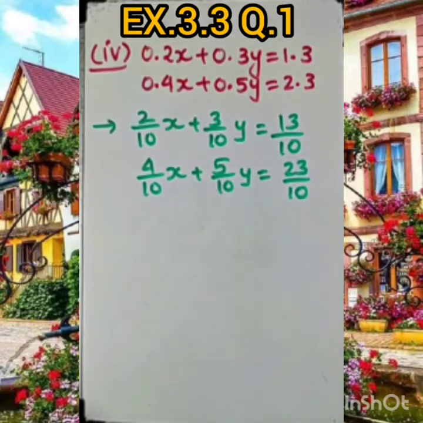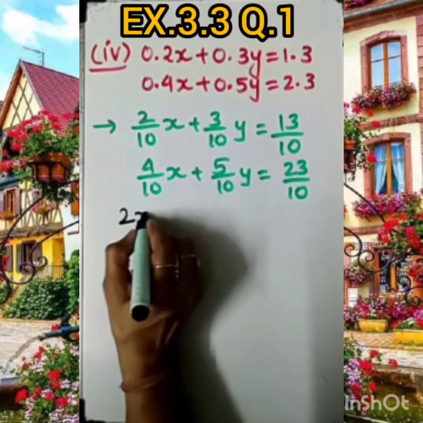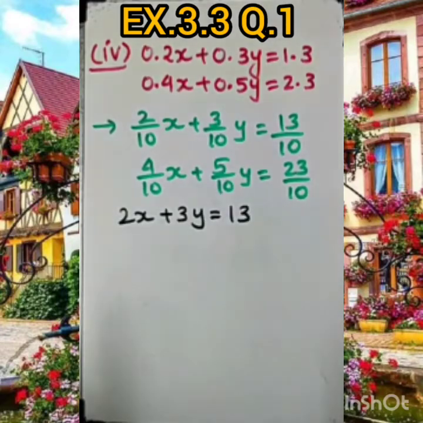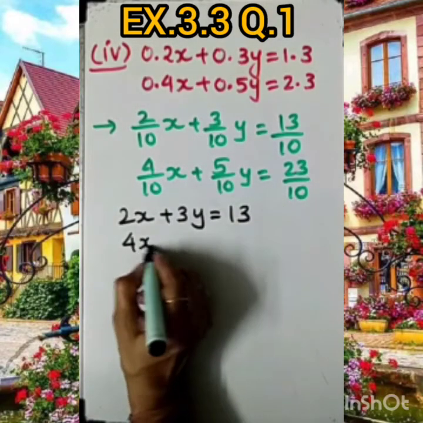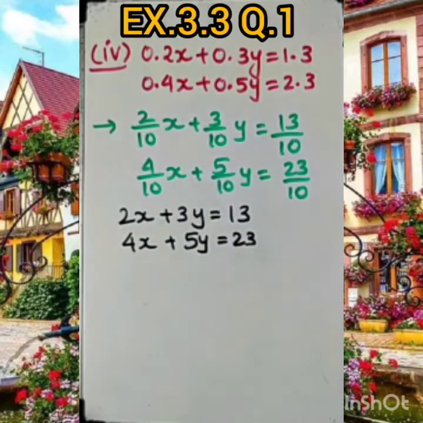Got it? Now you can see 10 is here and 10 is here, so it will be removed on both sides. So the equations become 2x plus 3y equal to 13 and 4x plus 5y equal to 23. Got it?